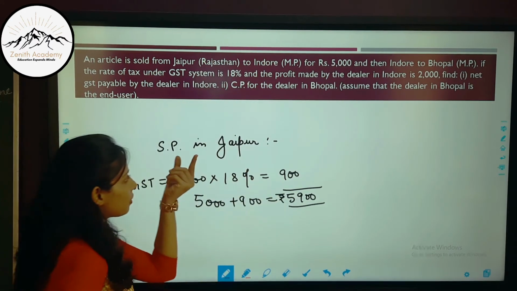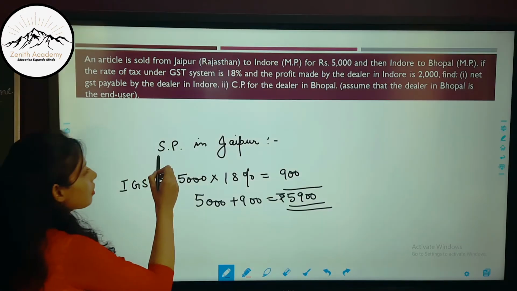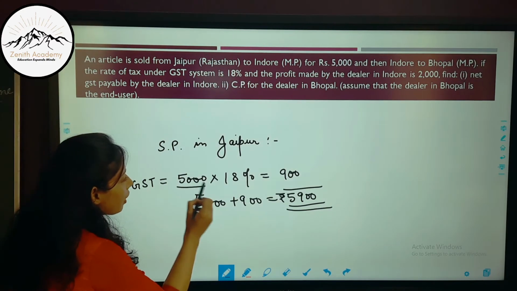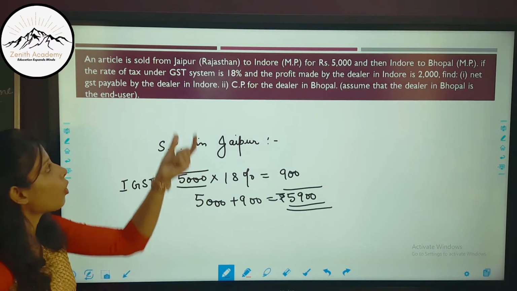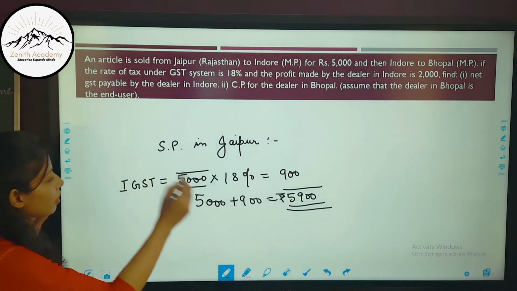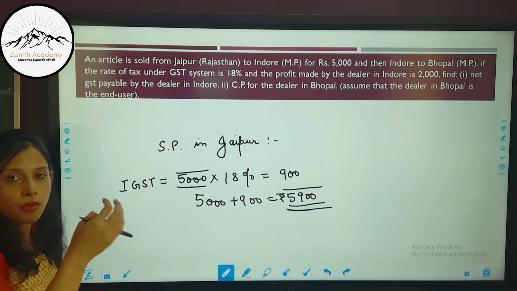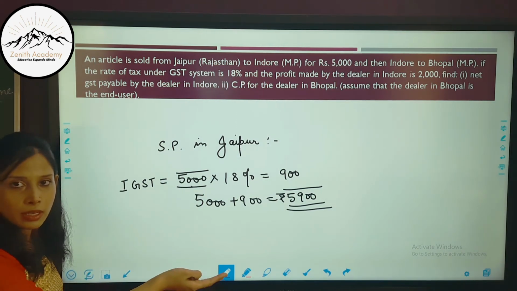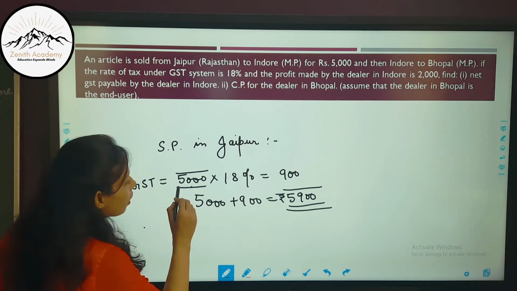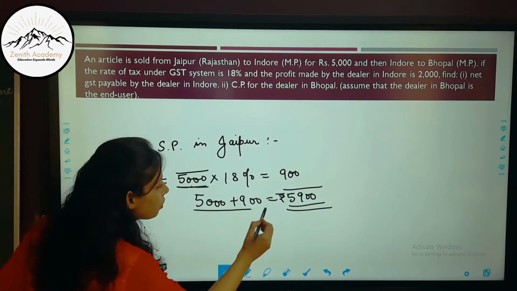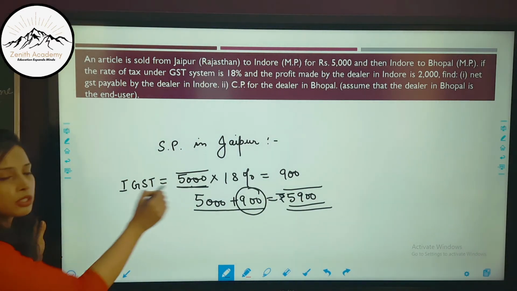Now please see carefully, this is the selling price in Jaipur. 5,000 was the actual price of that good. So this will again become the cost price for Indore because it has purchased at this price. Since we had GST on value addition, we will not include this amount of GST in the cost price.